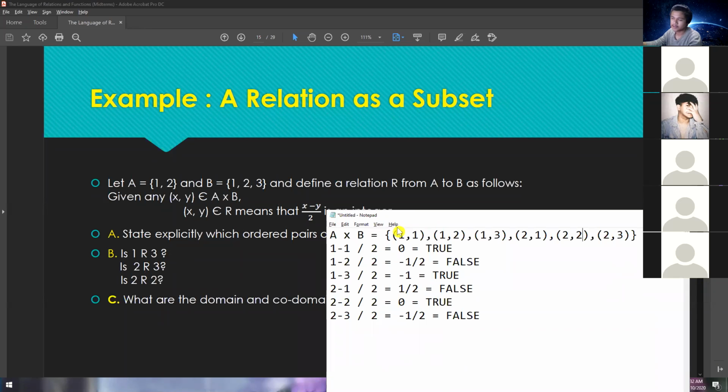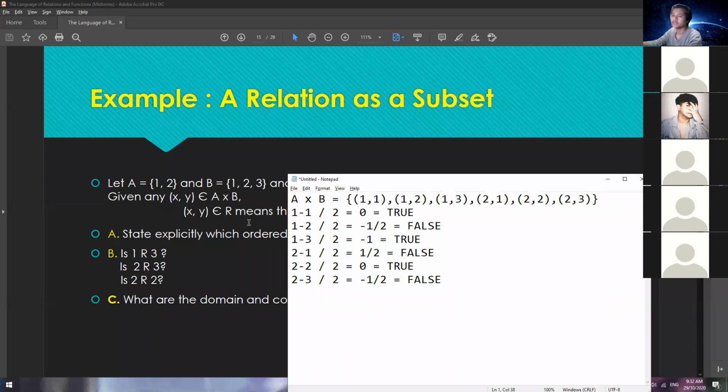So how about letter B? It is just a matter of identifying whether this one is in relation with each other or not. So is 1 related to 3? Yes, sir. So this one is true, because we identified it as an integer. How about the second one?